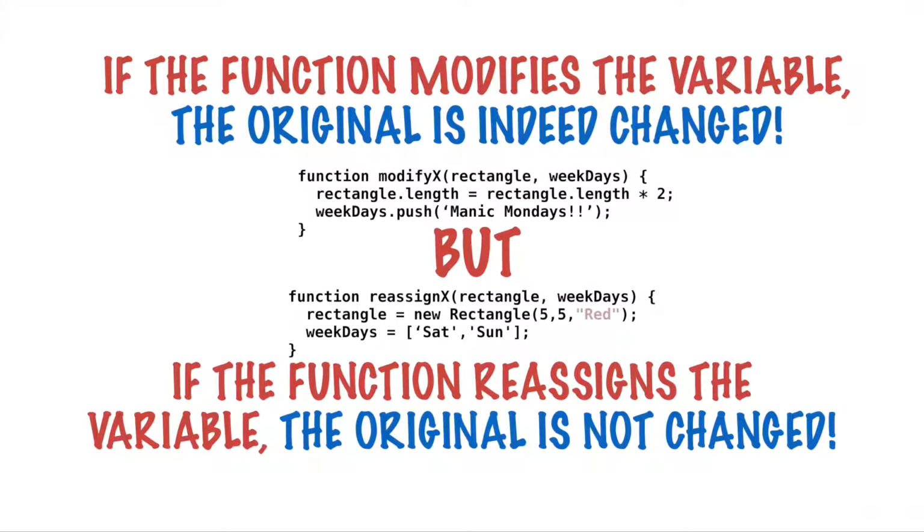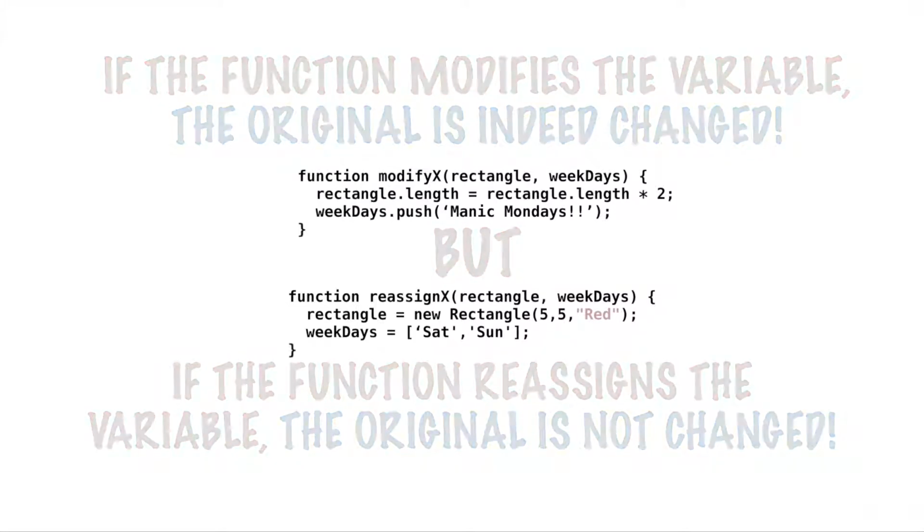The second is a function reassign x. It takes in the same rectangle object and the same weekdays array and reassigns their values. We'll be looking at what modification and reassignment look like in detail, but take a look at the code on screen and make yourself comfortable with what's happening in that code. We'll be digging a little bit deeper in just a second.